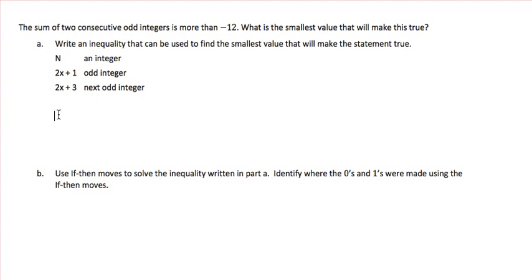And then taking what we know about odd integers, we would now say 2n plus 1 plus 2n plus 3 needs to have a value greater than negative 12.